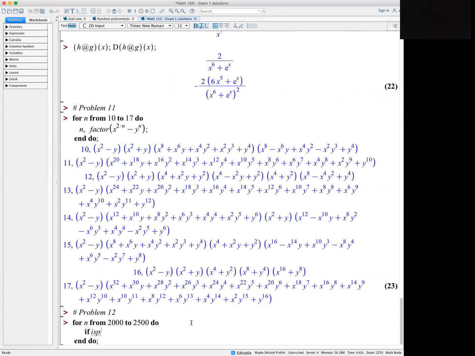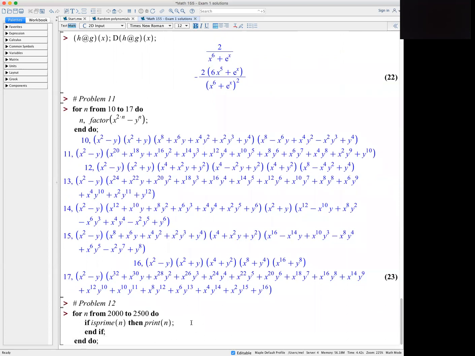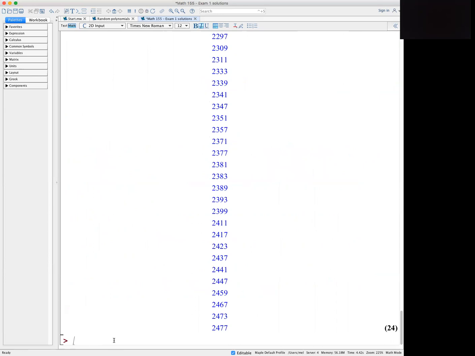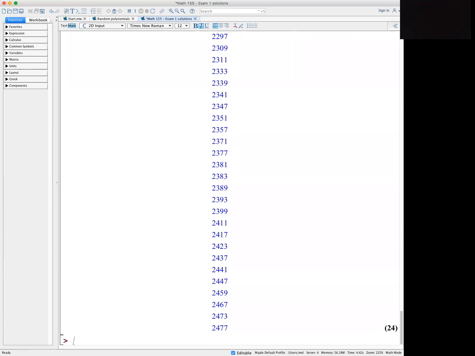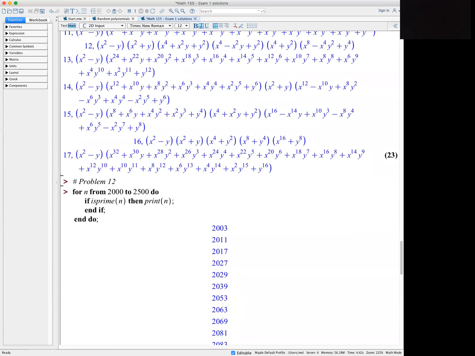If isprime of n, that means if n is a prime number, if that statement is true, then print the n. And just as do has to end with an end do, if has to end with an end if. So this should just print out the prime numbers. And there they are. I could have changed the program to actually count them if I want to know how many there are, but there they are.